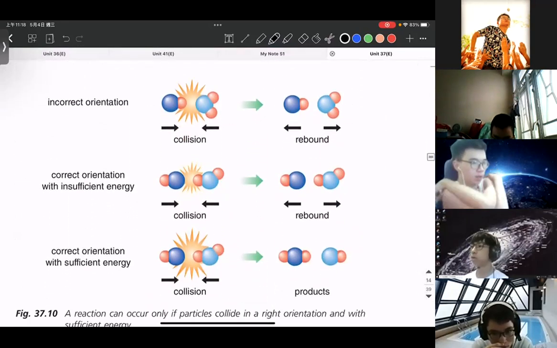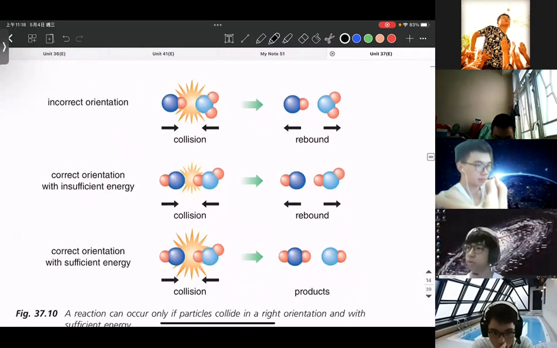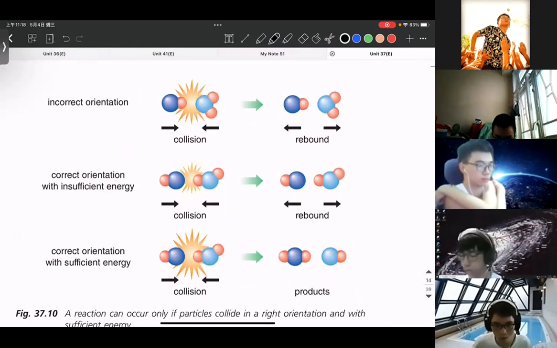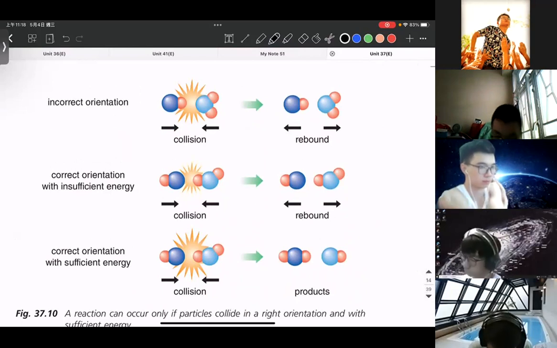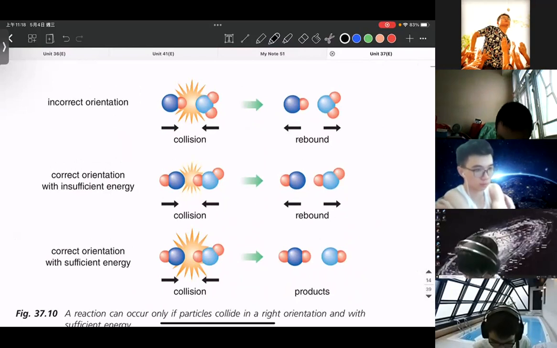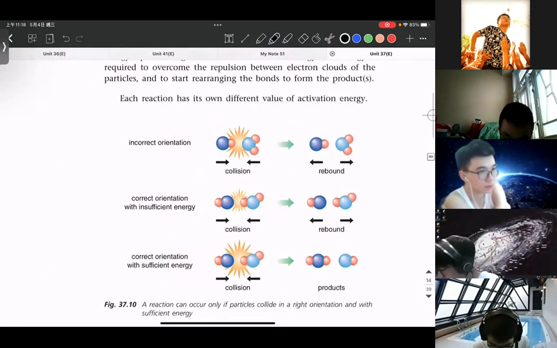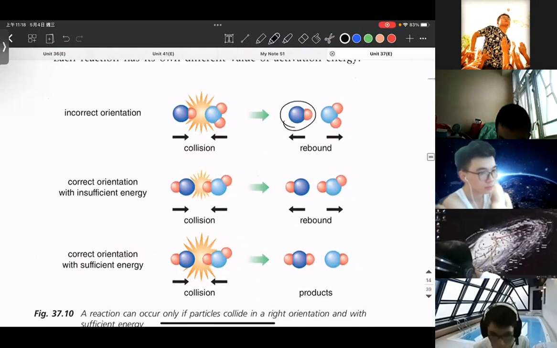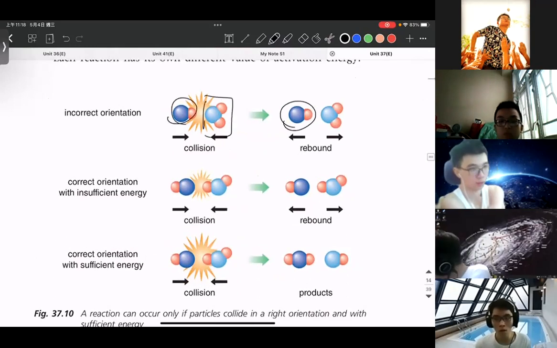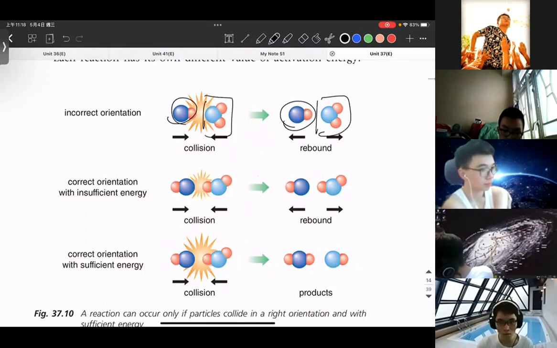Okay, the first one is to talk about the orientation, the direction of hitting. In case the direction of hitting is not correct, the reaction will not go. So you may find the two chemicals rebound with the same chemicals. Can you see that? The same chemical form can be seen. How about the second one?